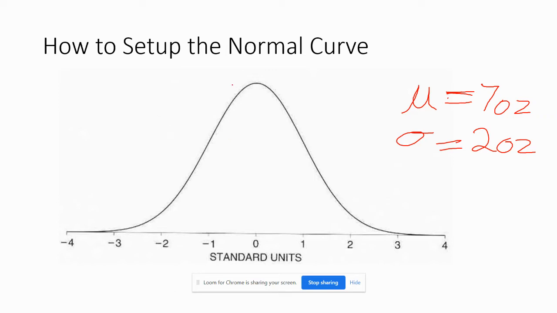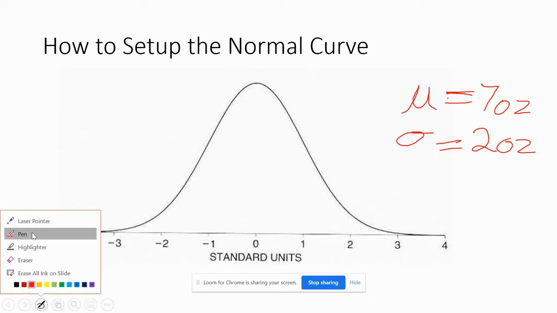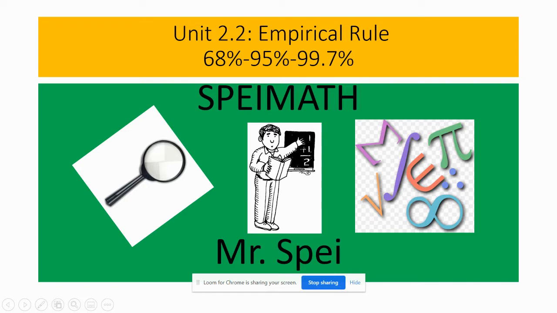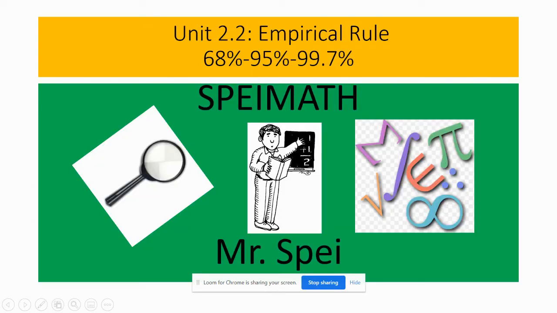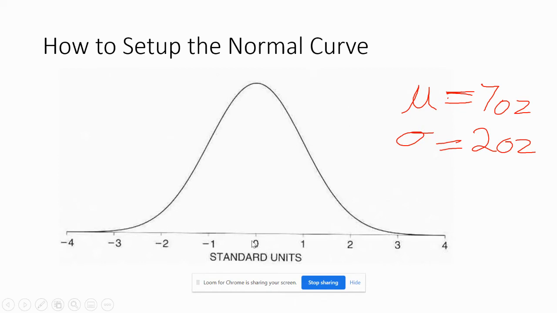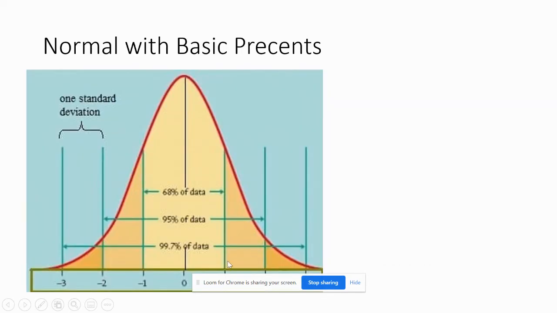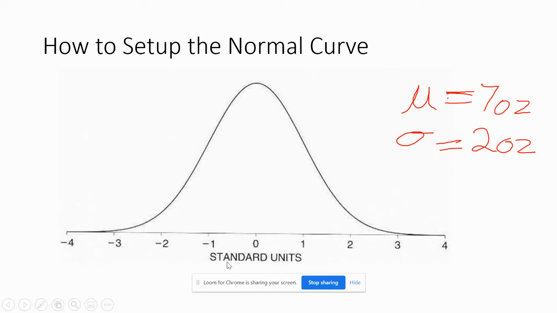So it's really simple. You put 7 right by the 0.